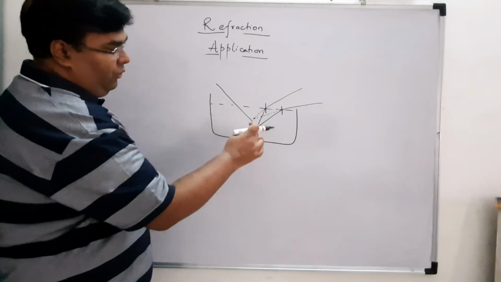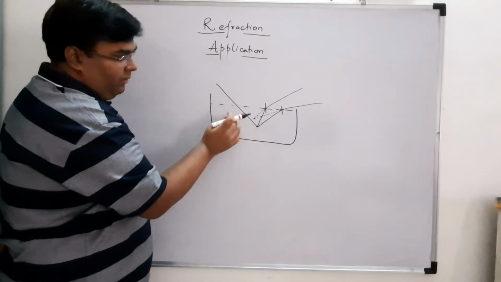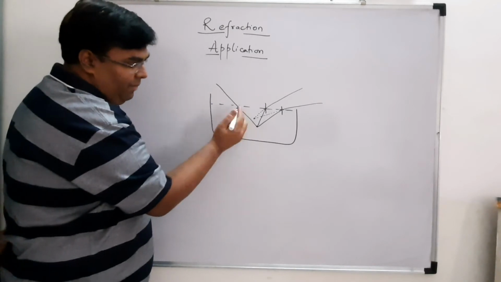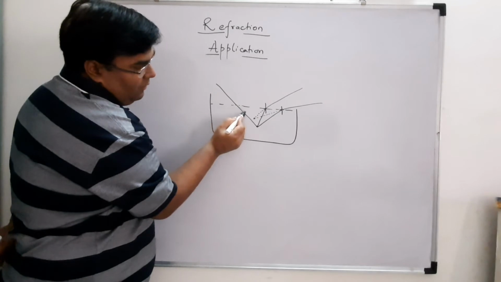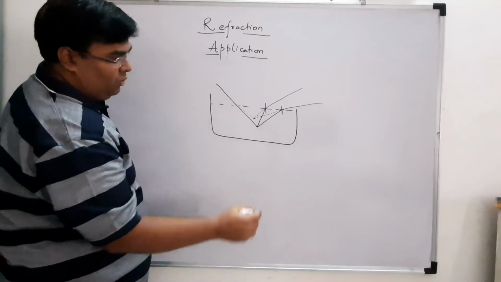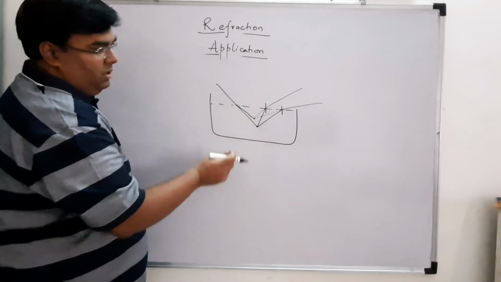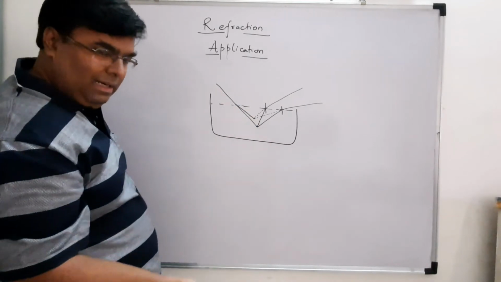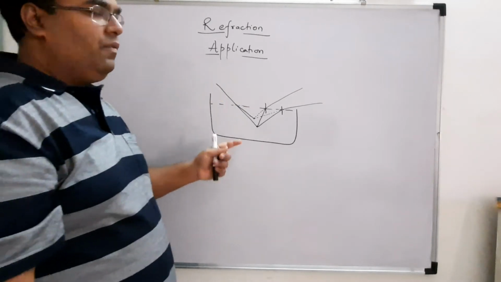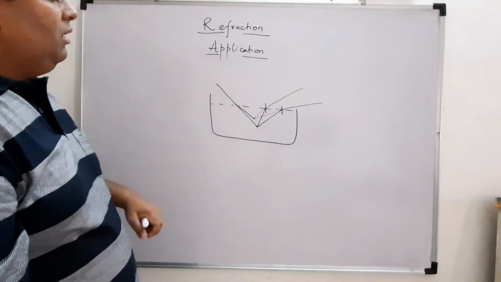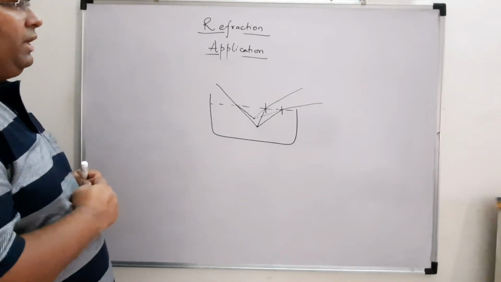So if you draw the image of all the points which are under the water or under the liquid, the points will be like this. If you join the dots, join the image, the stick looks a little bent upwards. So this bending of the stick is also because of refraction. So this is another application.